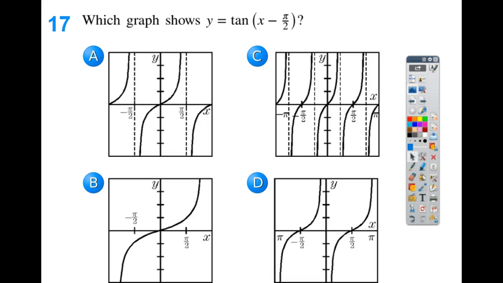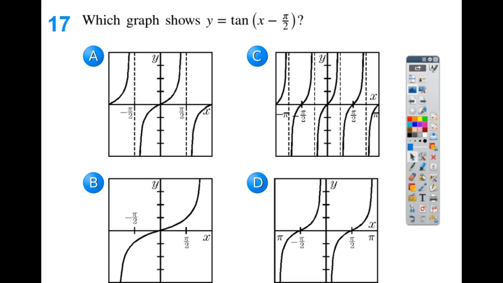All right. So because it's negative pi over 2, it's moving right. What is at negative pi over 2? The asymptote. So which way does that move?